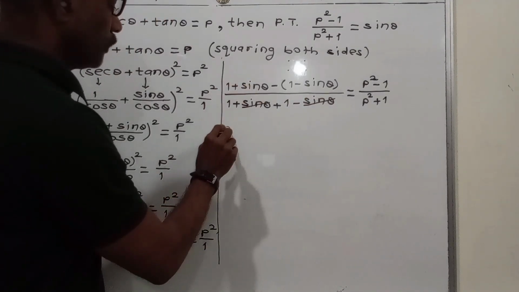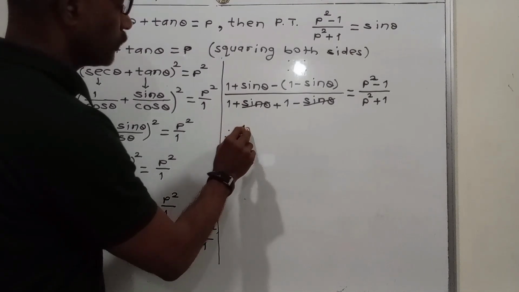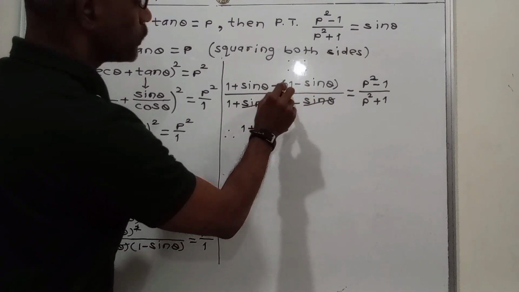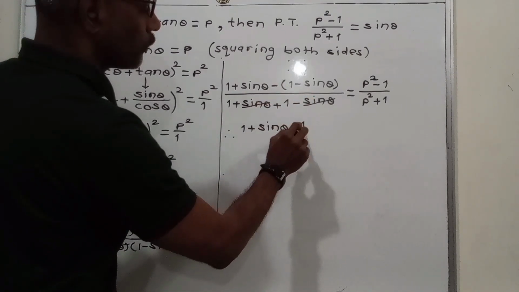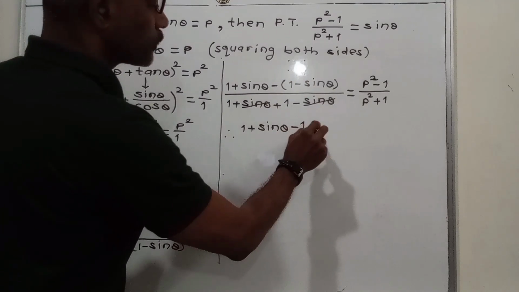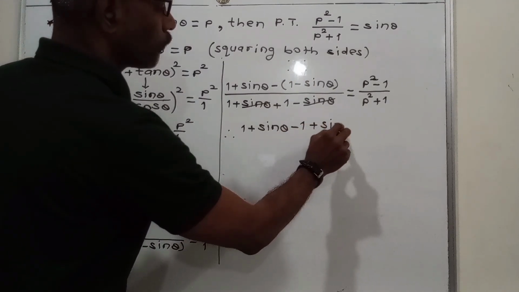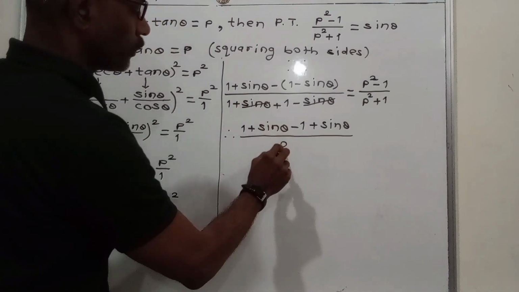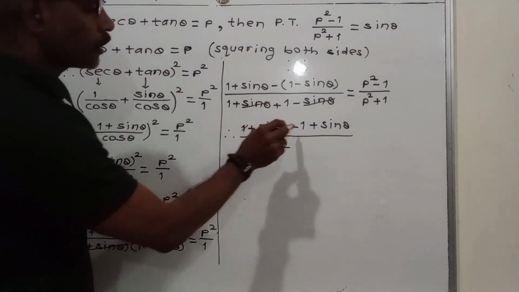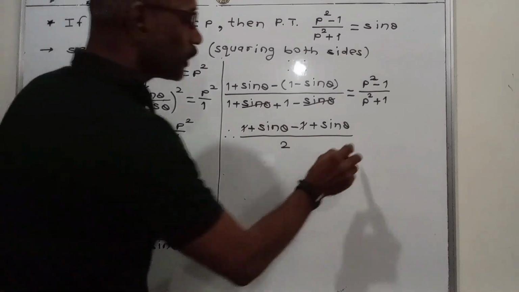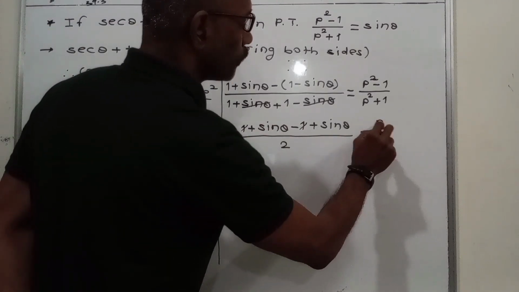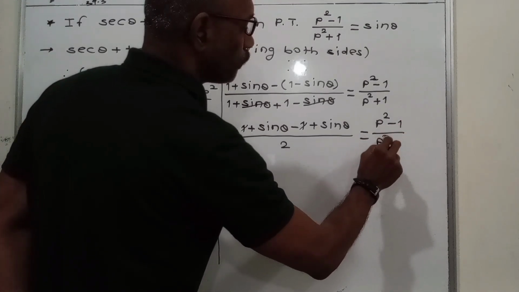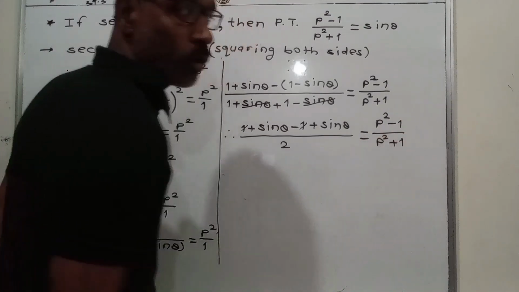Here, therefore 1 plus sin theta, internal sign changes. Here plus becomes minus and minus becomes plus upon 1 plus 1, 2. Here plus 1 minus 1 cancel is equal to p square minus 1 upon p square plus 1.